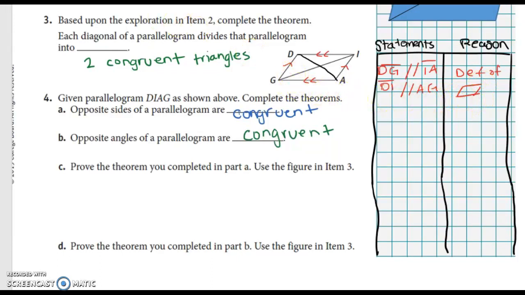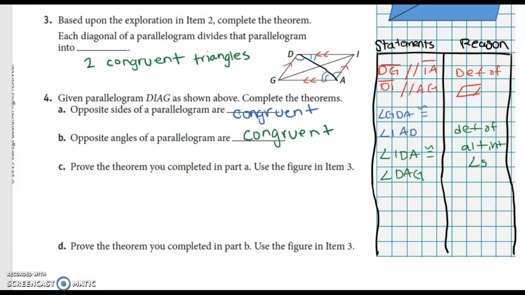I also know that these angles, these alternate interior angles, are congruent. So angle GDA is congruent to angle IAD, and angle IDA is congruent to angle DAG because of the definition of alternate interior angles.